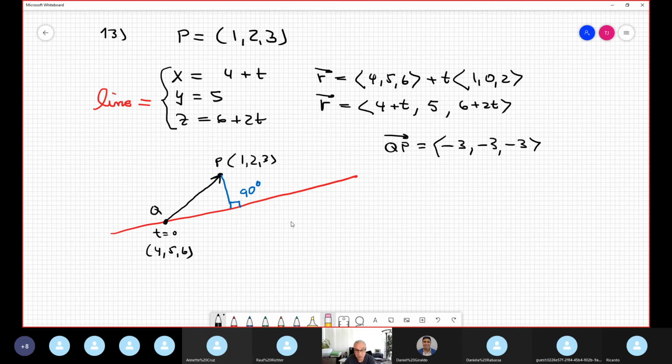Now, how do you find the blue distance? It's a projection, no? What kind of projection? Horizontal projection or vertical projection? I have no idea. The only thing I have in my hand is the direction vector B of the line, which is (1, 0, 2). This vector lies on the line in any position, so you can put it here.